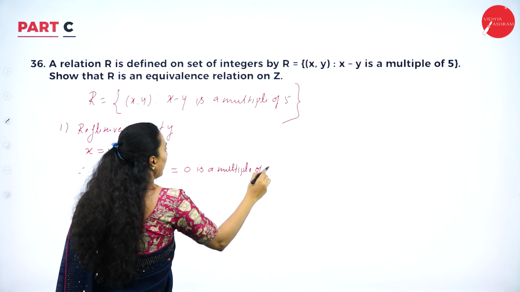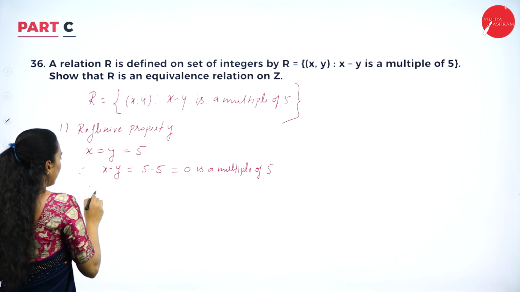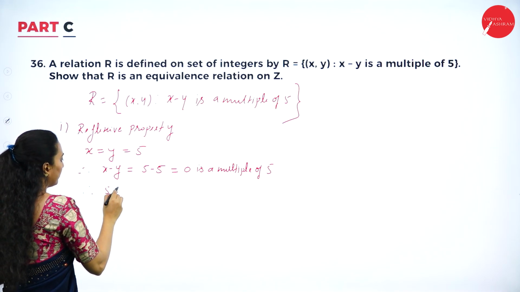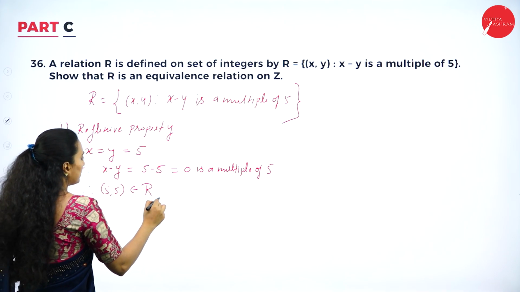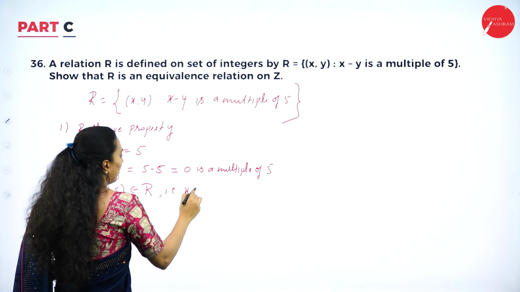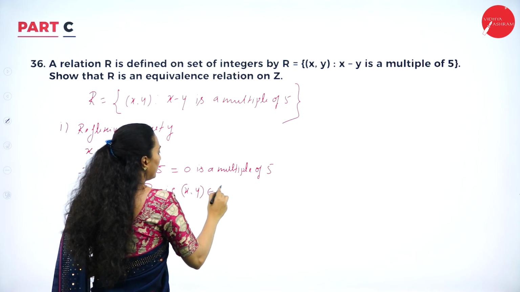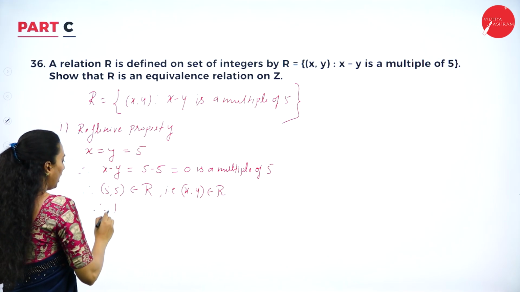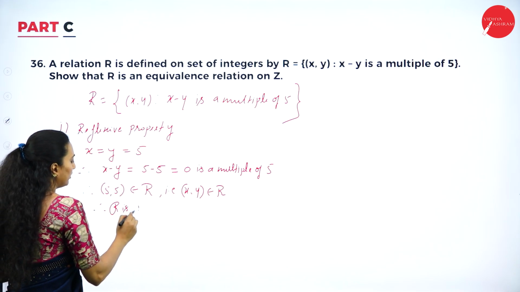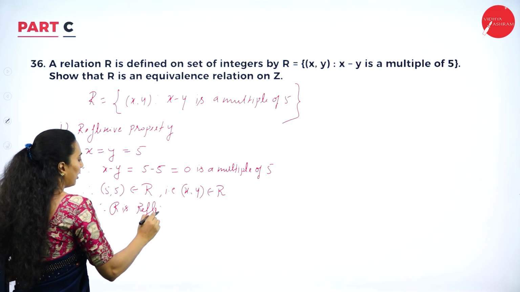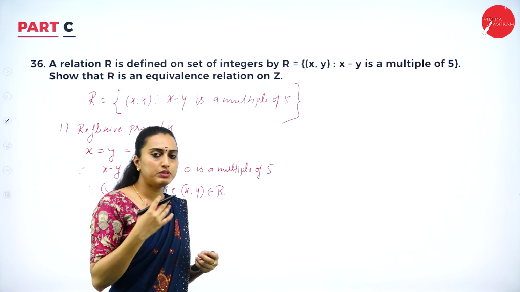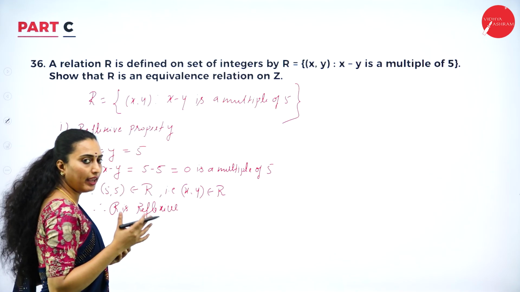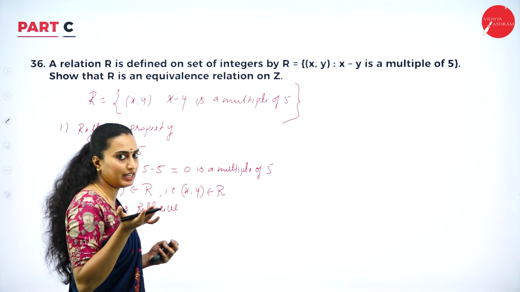So therefore, (5, 5) belongs to the relation. That is, (x, y) belongs to the relation. Therefore, R is reflexive. Now, let me take (x, x), which belongs to the relation.